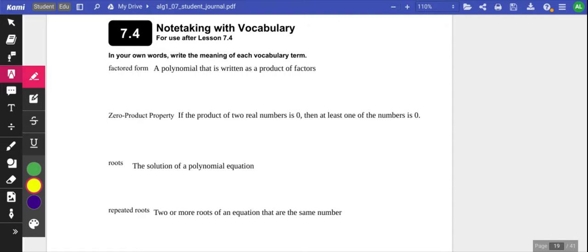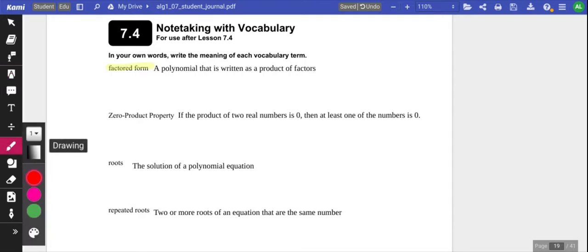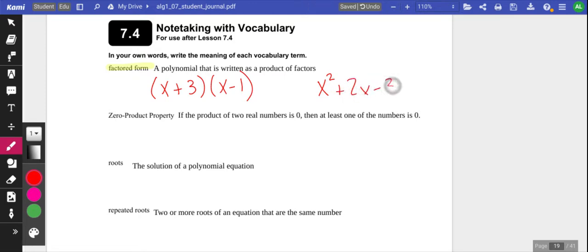Okay, so first off, we get factored form. Factored form really just means a polynomial that is written as a product of factors. And sometimes this textbook speak is hard to understand. It means a polynomial that's written like this, like two binomials that are being multiplied, instead of something like x squared plus 2x minus 3.